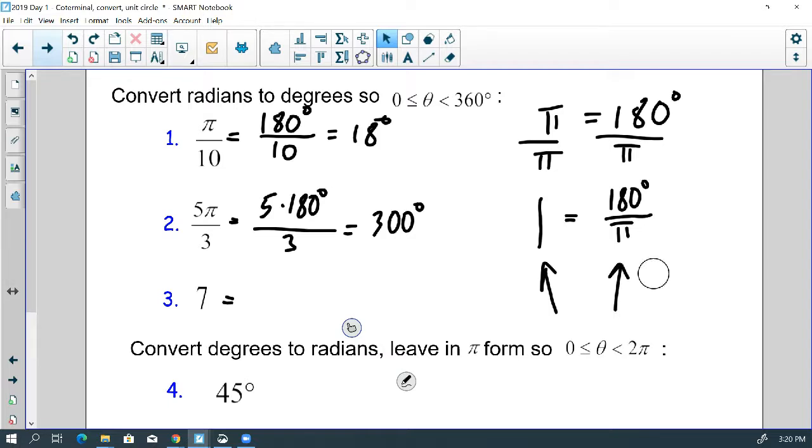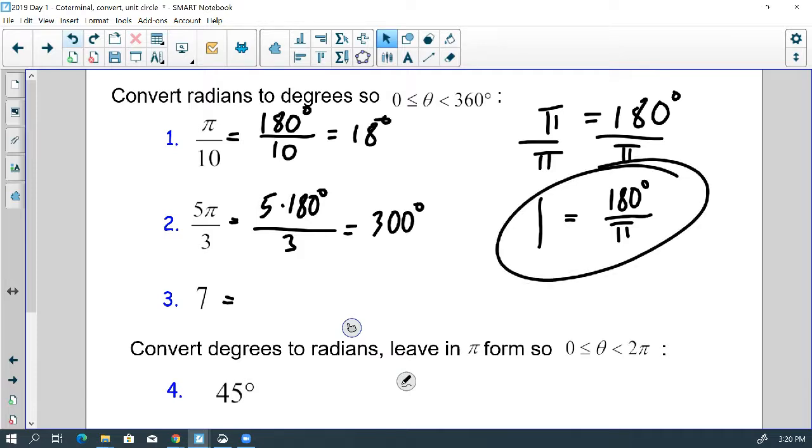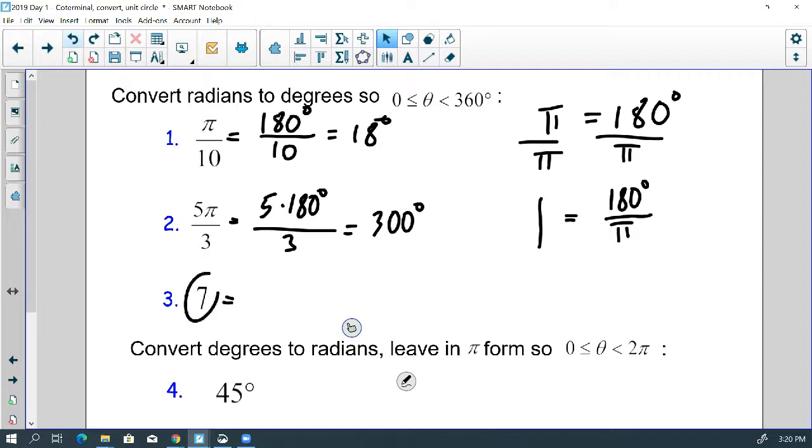How does that help you? Well, this is 7 radians. If 1 radian is 180 over pi degrees, then certainly 7 radians is just 7 of these. So 7 radians is 7 times 180 degrees over pi.